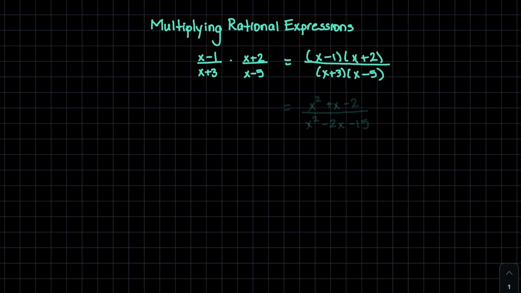But I don't have anything that simplifies to 1, so my answer is finished. If your teacher required you to multiply it out, we'd have x squared plus x minus 2 all over x squared minus 2x minus 15. And again, in the rest of the examples, you won't see me multiply them out, because in my courses or when I'm teaching, leaving it in factored form is the form that I prefer.